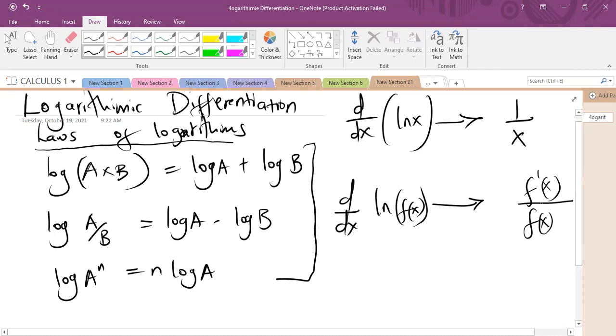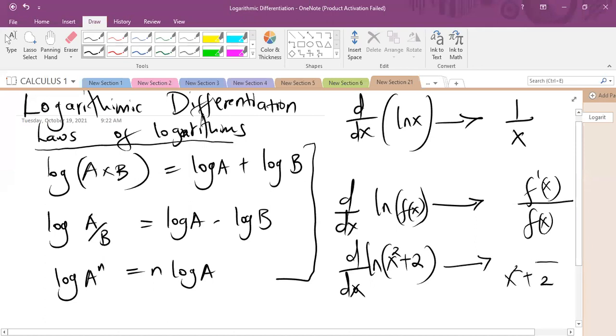finding its derivative. So for example, if I tell you get the d dx of, let's say, ln x squared plus 2. This will be the same as writing x squared plus 2 in the denominator, and then up here writing its derivative.